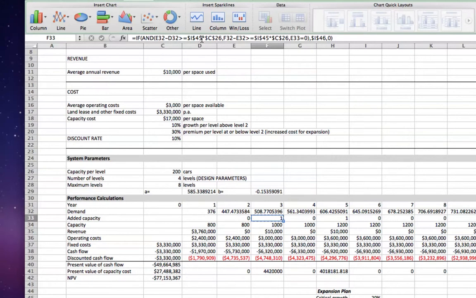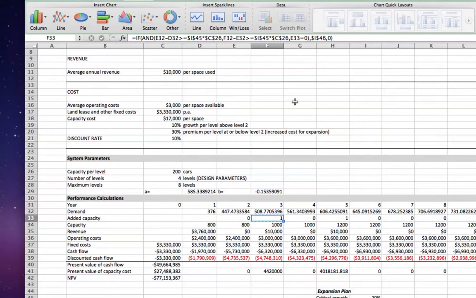If that's greater than that, and if the growth between 2 and 3, 3 minus 2, is greater than that, and the previous year's added capacity is 0, then add a level. And my error before was I forgot to put the else. So if this isn't true, then put a 0.